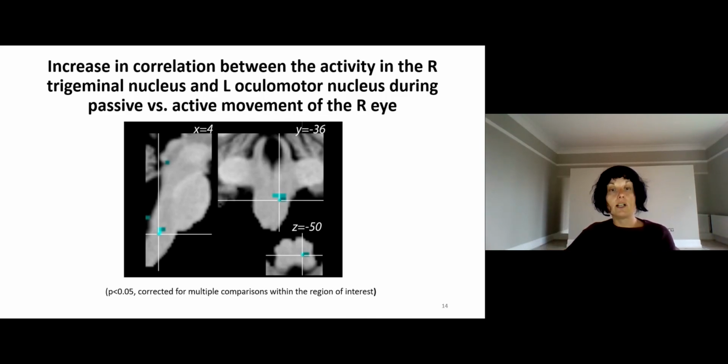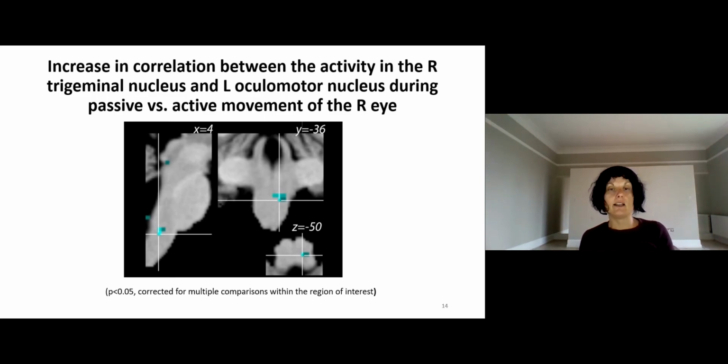And we found an increase of activity in the right trigeminal nucleus, which is where the sensory input, so oculoproprioceptive input from the right extraocular muscles, is relayed.